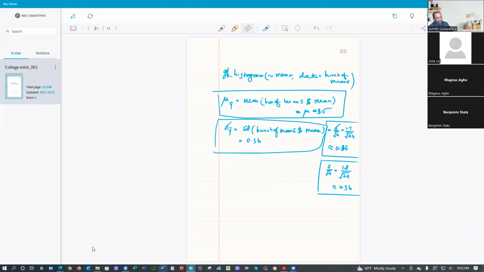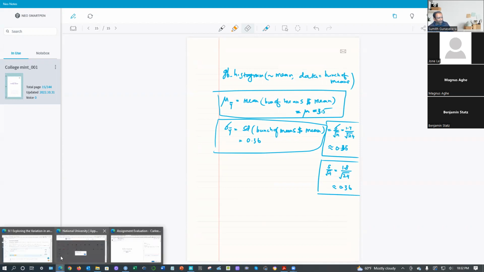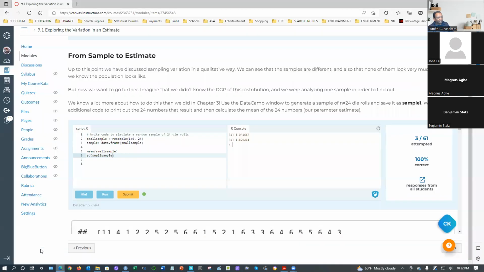For the sample one, I'm going to put these values, so you can say based on one sample, 3.0 and 1.8.